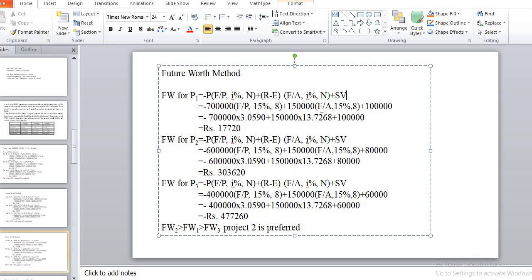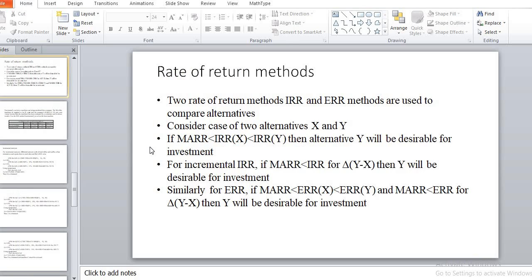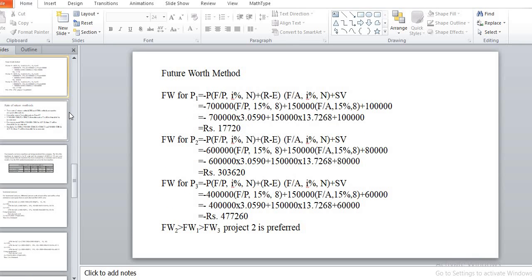Now we put these values, and again we find that project 2 is preferred by using the future worth method. So by using these different methods, we can find which project is the suitable one.